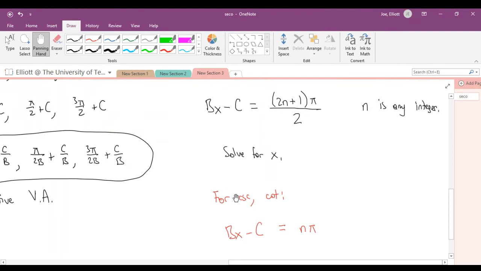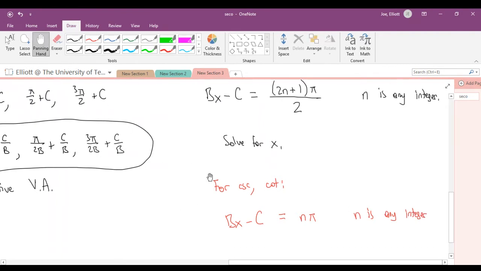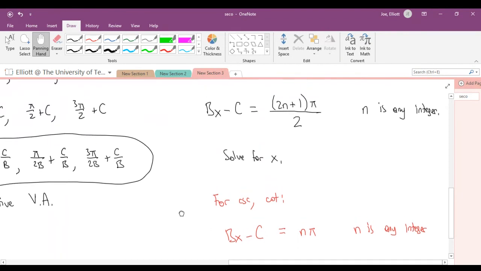You would just take the inside of the function and set it equal to n pi instead. And then you could, again, do the algebra to solve for x in order to get the general equation for the vertical asymptotes, okay?